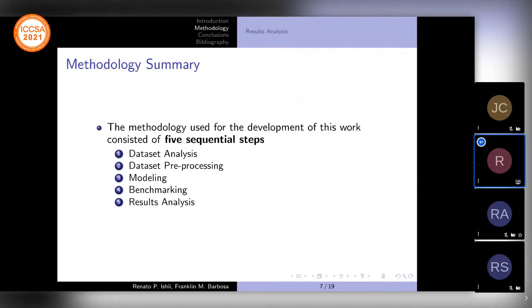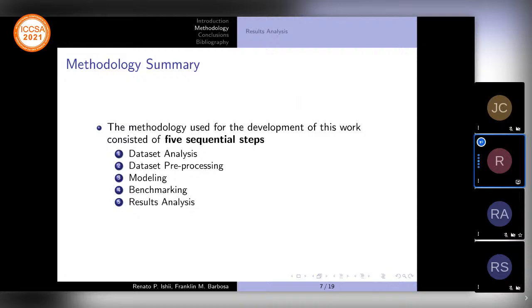The next step of the methodology is modeling, which involves analysis and the construction of models that best fit the problem. For this purpose, we use Keras together with TensorFlow to model the problem.